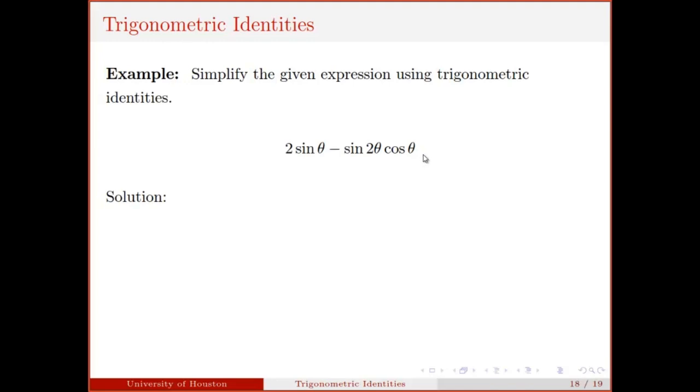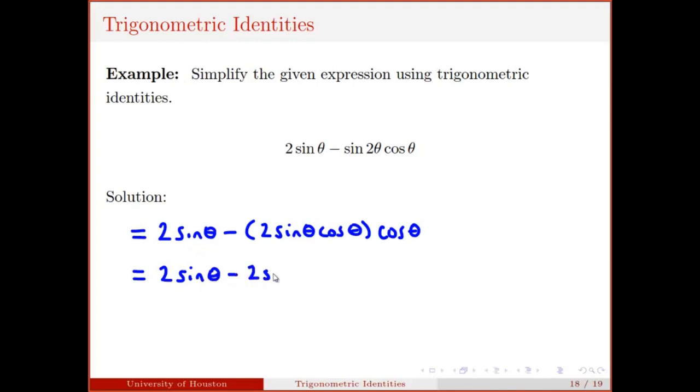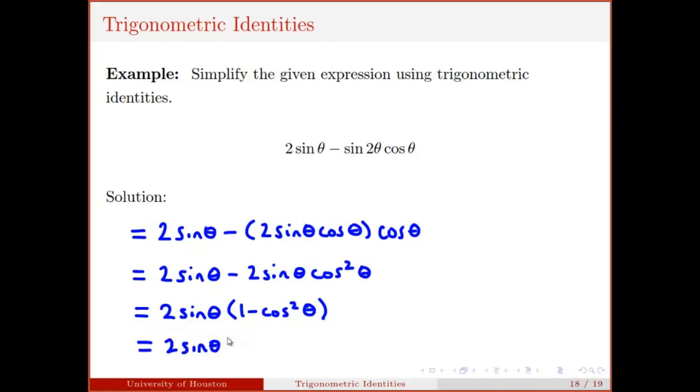Using the double angle identity for sine, the given expression is equal to 2 sine theta minus 2 sine theta cosine theta times cosine theta, which is equal to 2 sine theta minus 2 sine theta cosine squared theta, which is equal to 2 sine theta times (1 minus cosine squared theta), which is equal to 2 sine theta times sine squared theta, which is equal to 2 sine cubed theta.